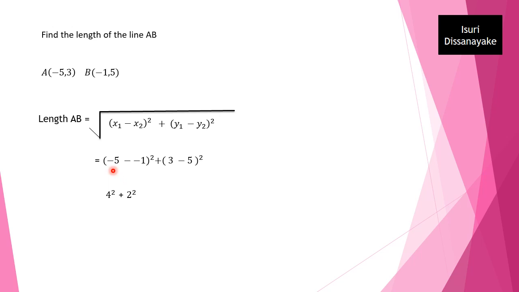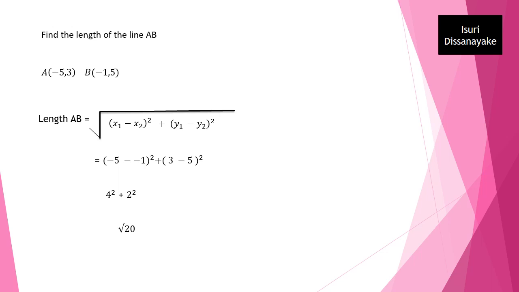So we are going to subtract: minus 5 minus minus 1 whole thing squared, and the y coordinates are 3 minus 5 whole thing squared. So this adds up to 4 squared, and this is 2 squared. 4 squared is 16, 2 squared is 4, 16 plus 4 is 20, and we have to take the square root of the answer.